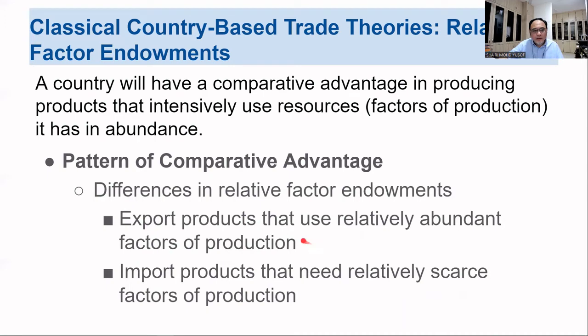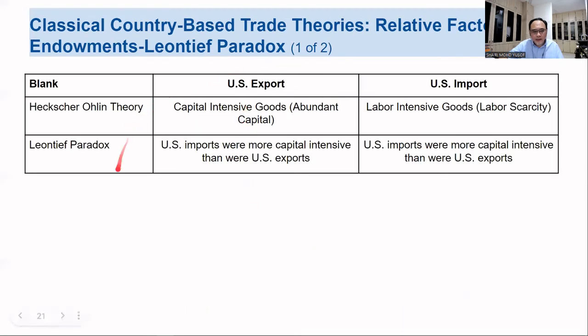This theory was tested empirically by a person called Leontief. Leontief tried to prove this theory: if a country is abundant in capital, it will export capital-intensive goods, and it will import labor-intensive goods because of its labor scarcity.